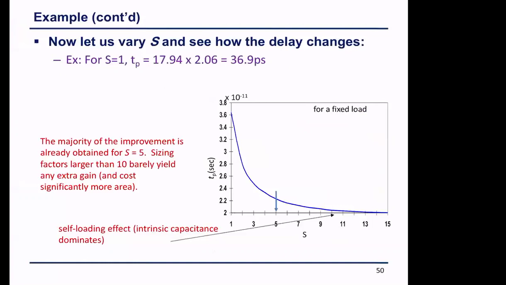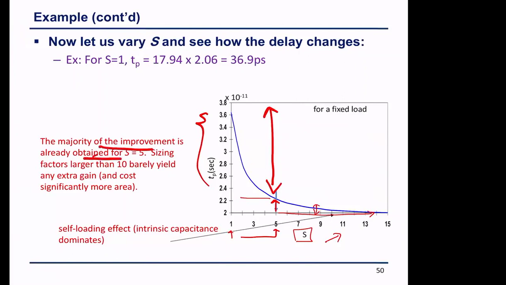As S increases, we know that the delay is going to drop, but after some sizing value I am not going to get the same benefits as at first. If I increase S to 5 compared to size 1, I get a significant drop, but from here on the drop is not very significant. So the majority of the improvement is obtained for S equal to 5, and sizing factors larger than 10 will barely result in improvement in the delay.